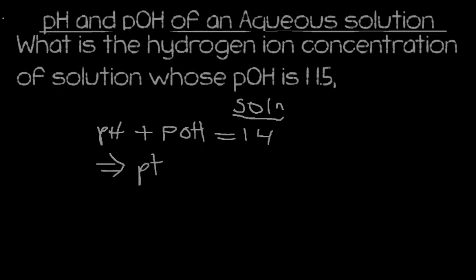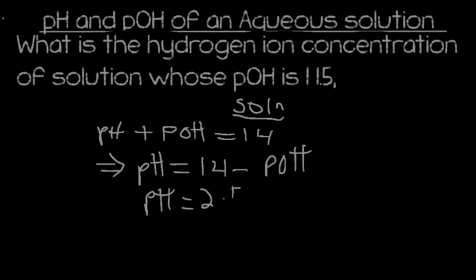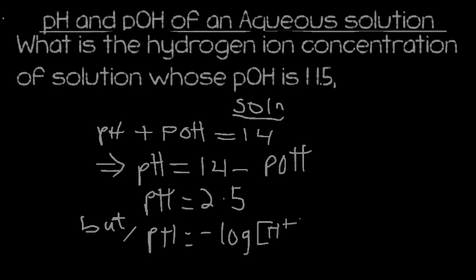It's actually 14 minus the pOH, which is 11.5. So when you subtract, our pH is going to be 2.5. That's our pH. And they ask us to find the hydrogen ion concentration. You know that pH is equal to the negative logarithm of the hydrogen ion concentration. So it's easy to find the hydrogen ion concentration.